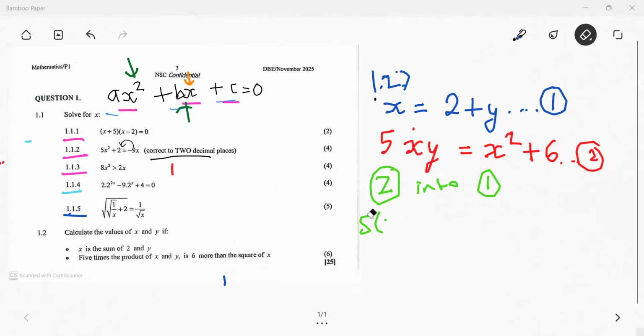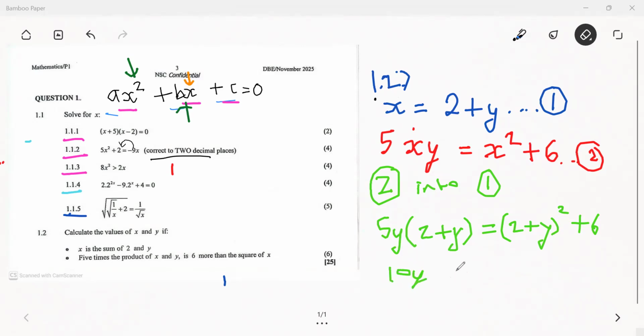Since it's 5xy, I can just say 5y multiplied by x, which is 2 plus y, is equal to, where there's an x, 2 plus y squared plus 6. Okay, distribute the 5y. 5y times 2 is 10y. 5y times y is 5y squared.